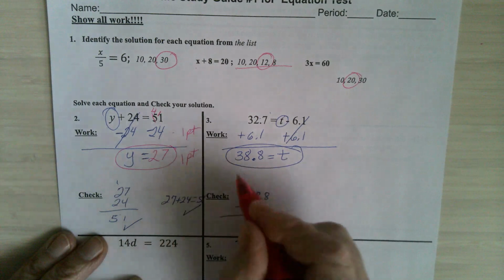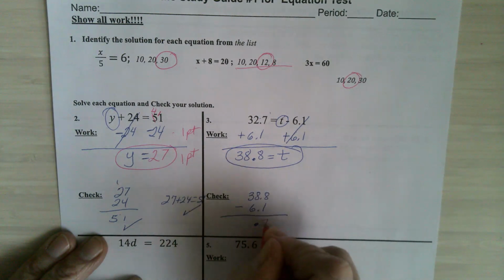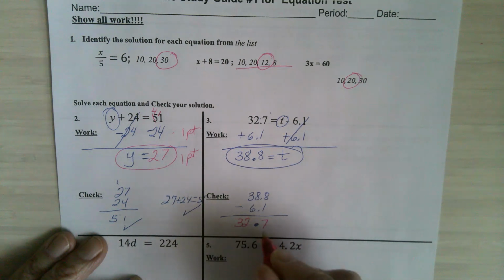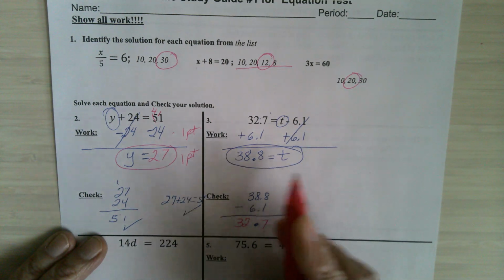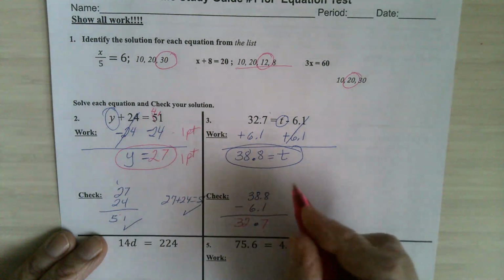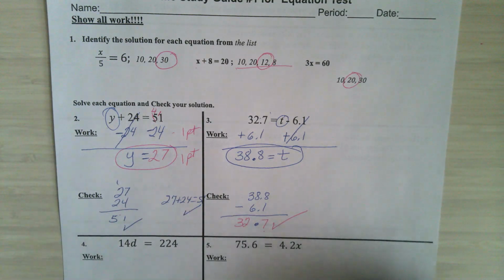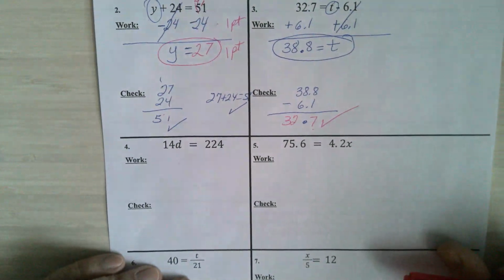And when we do this, 8 minus 1 is 7. 8 minus 6 is 2. I get 32 7/10. Yep, that matches 32 7/10. I have my check step. Any questions? Nice job, class. Let's go on to the next problem.